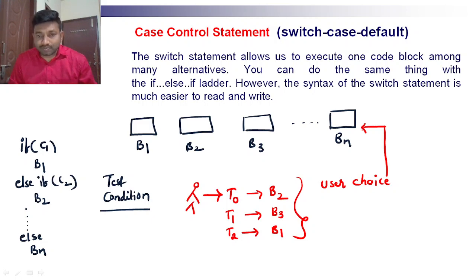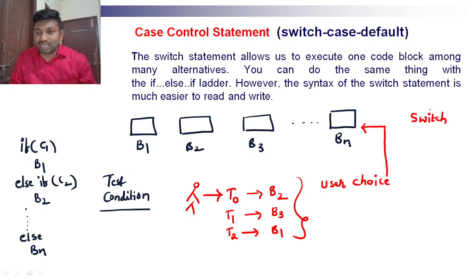Now, how do you implement this concept? To implement this case control statement, we need three keywords in C language. One keyword is switch. It works like an electrical switch. If you switch on fan number 1, fan number 1 starts functioning.